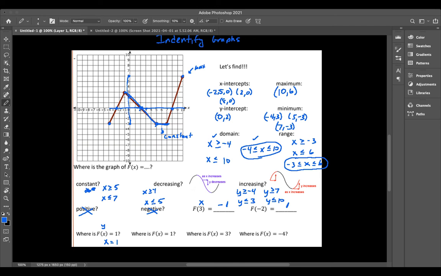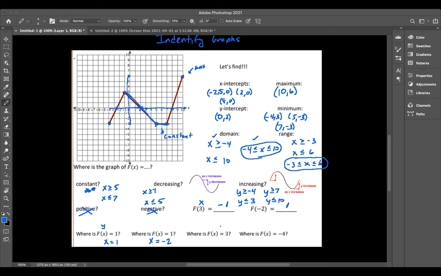I'm looking at x is still 1 here. Oh, there's another spot too. So I see at this point it is also -2, because it's 1 right here. When it's 1 right here, it's going to be -2 at the same time. Okay, x is -2.